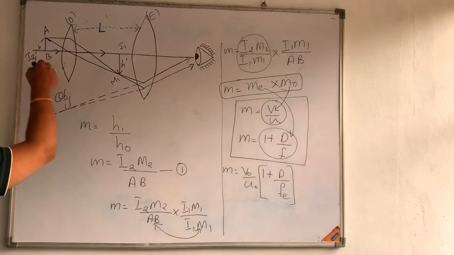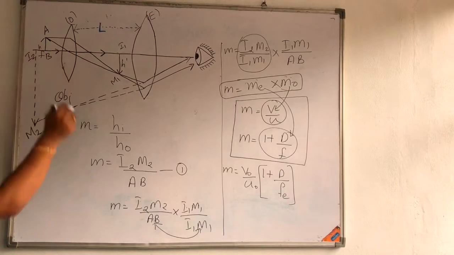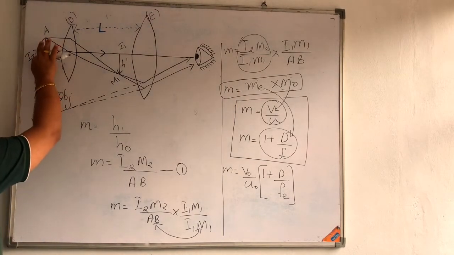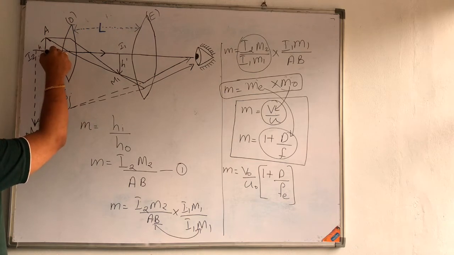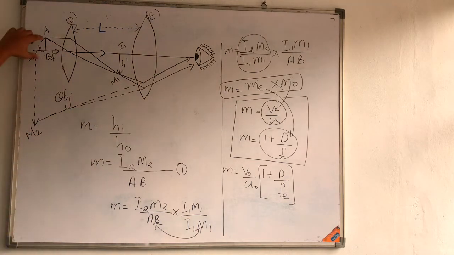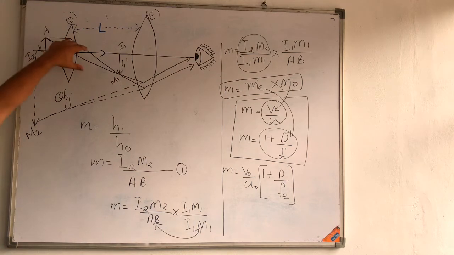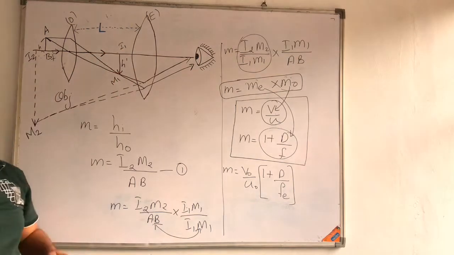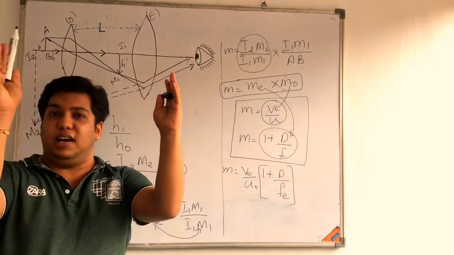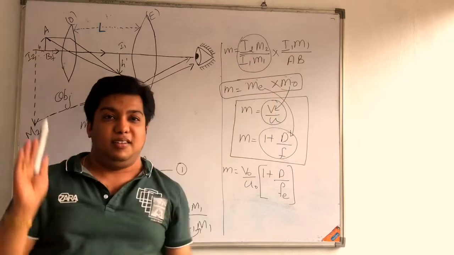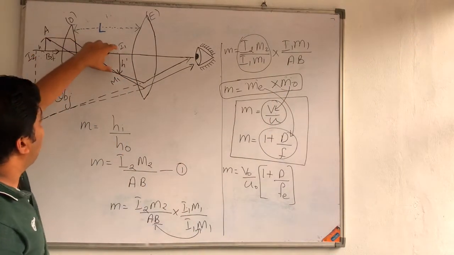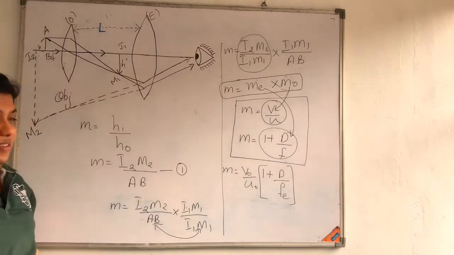If the object is moved towards the focus, I1M1 will move towards the eyepiece lens. When the object is moved, the image also moves. So when the object moves towards focus, the image will move towards the eyepiece lens.